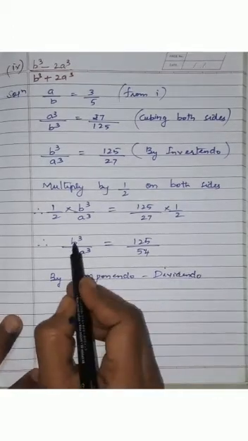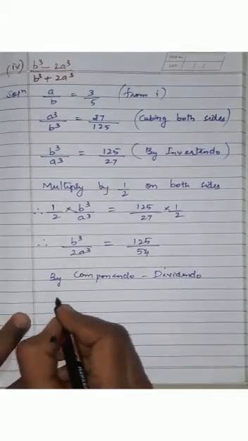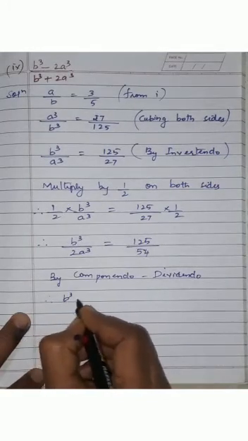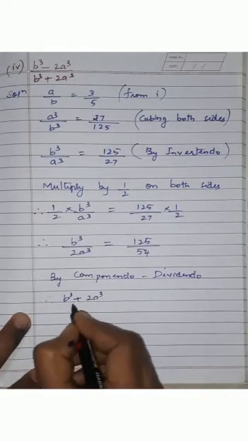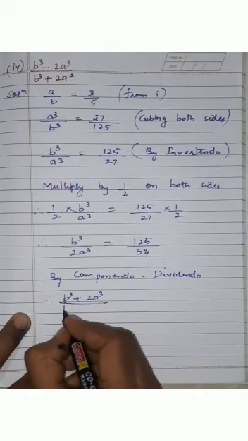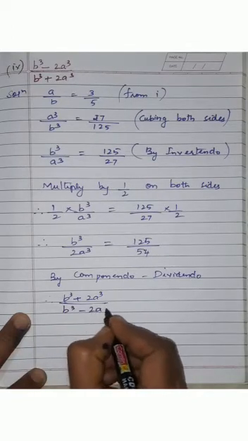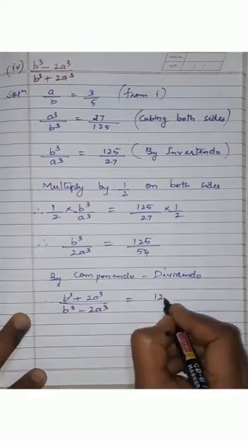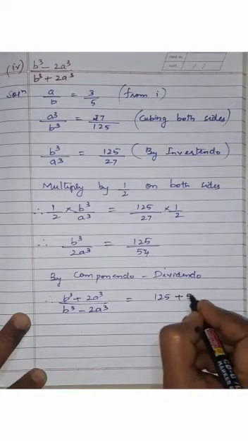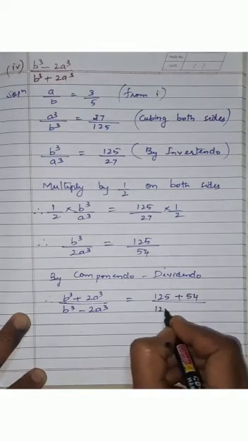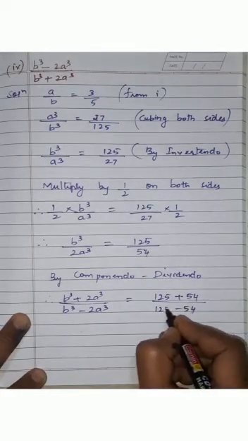So this is A, this is B. So we will be having b cube plus 2a cube upon b cube minus 2a cube is equal to 125 plus 54 upon 125 minus 54.